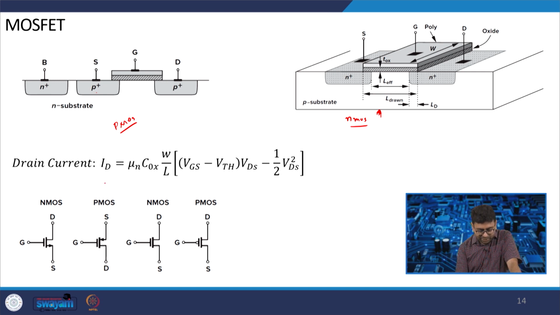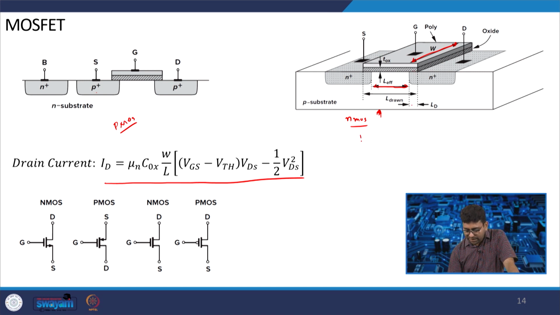The ID current equation of the MOSFET, considered right now for the NMOS, is given by mu n C ox W by L, where W is the width of this MOSFET and L is the length. L effective is used because the gate overlaps the drain; this is LD.